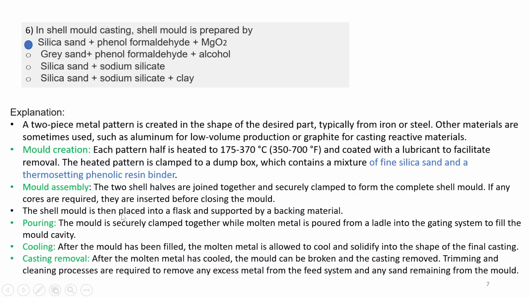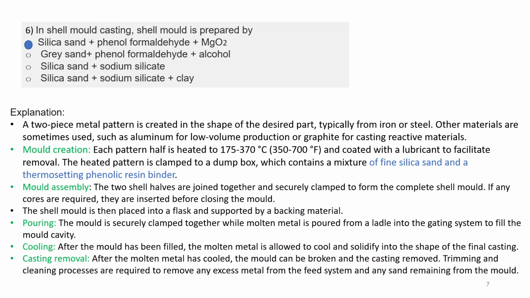The shell mold is then placed into a flask and supported by a backing material, and then after pouring, the mold is securely clamped together while molten material is poured from a ladle into the gating system to fill the mold cavity, and then after that cooling. So after the mold has been filled, the molten metal is allowed to cool and solidify into the shape of the final casting.